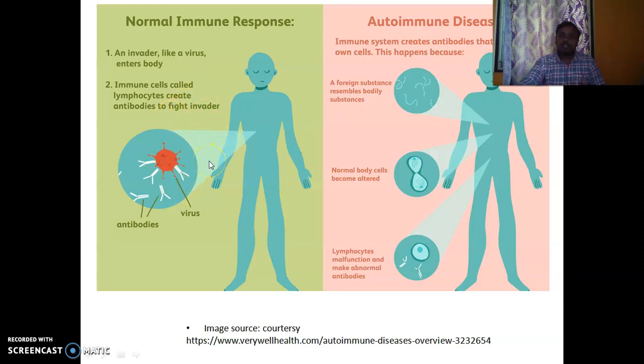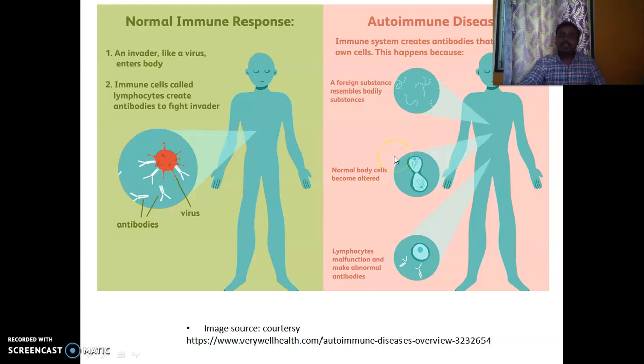This happens in a normal human being. But in a few cases, the immune system creates antibodies that attack our own cells. This sometimes happens because a foreign substance resembles a bodily substance. In that case, the antibody produced against the foreign substance will also damage our own cells.